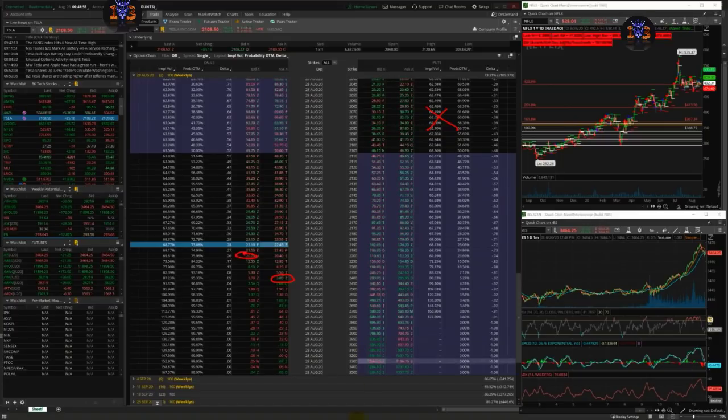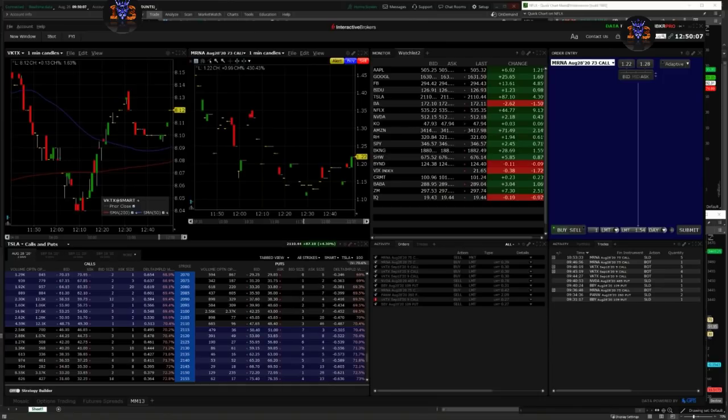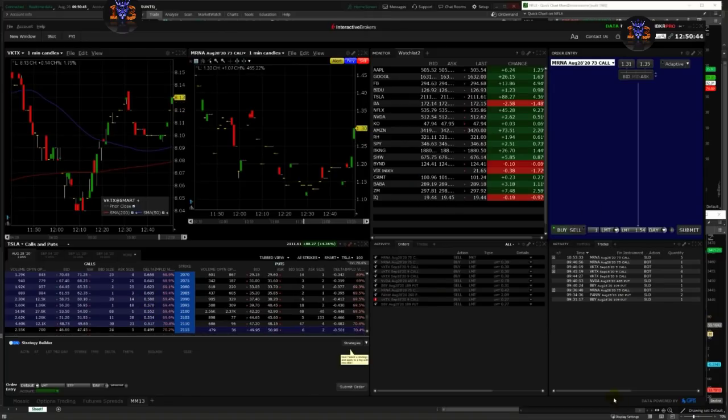Now, how do we do this on, let's say, Interactive Brokers? So we're in the Interactive Brokers, and we have Tesla. In this situation, it's the same thing. We don't want to do puts. We want to look in the call side right here. On the call side, if you want to sell this, we do the following.